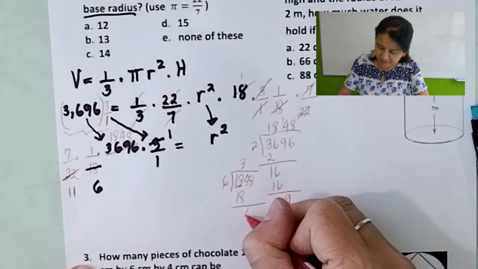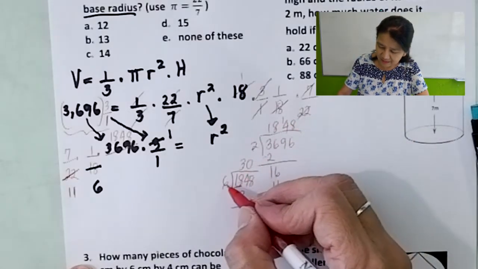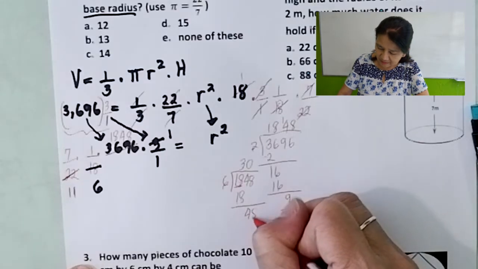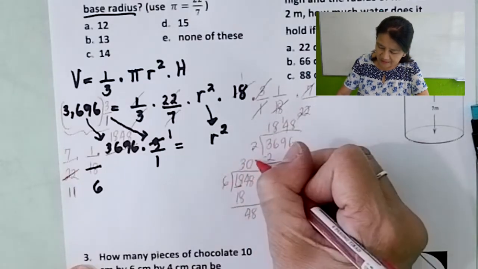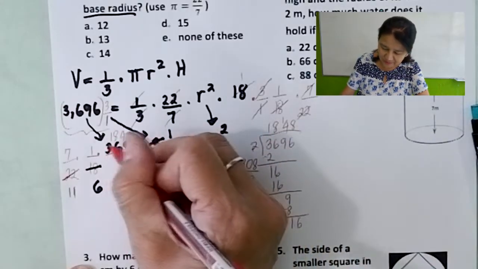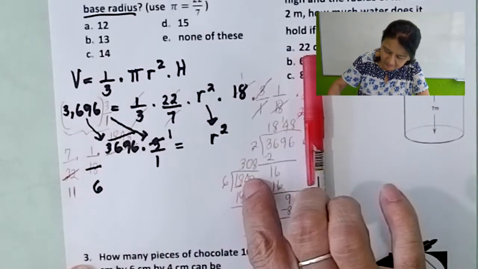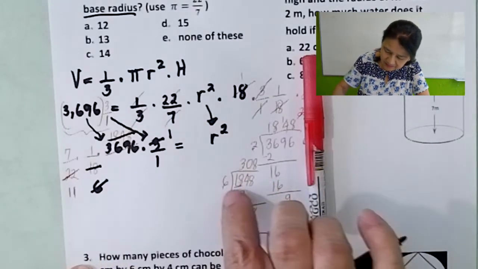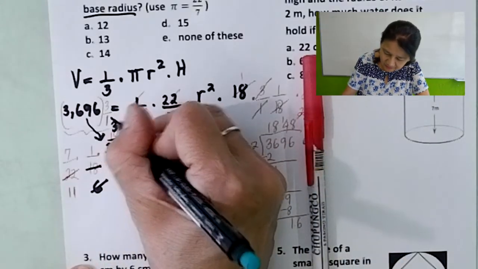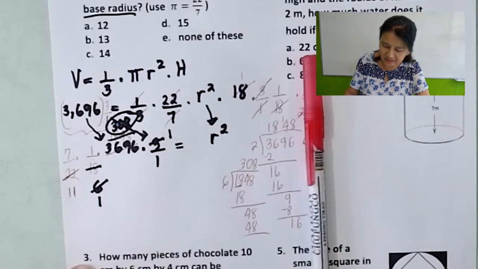Now, bring down 4. 4 divided by 6 can't be, so bring down 8 again. 48 divided by 6 is 8. 8 times 6 is 48. So 1,848 divided by 6 is 308. 6 divided by 6 is 1.